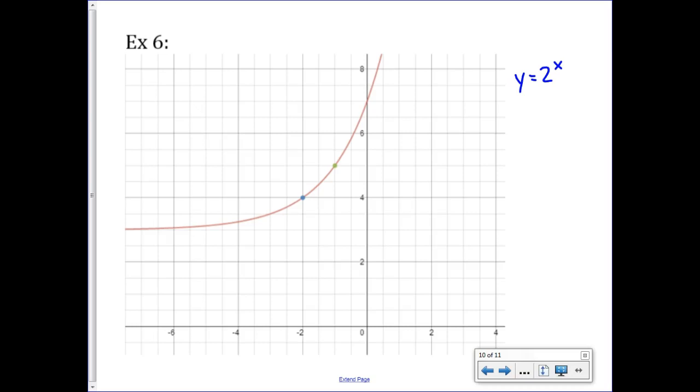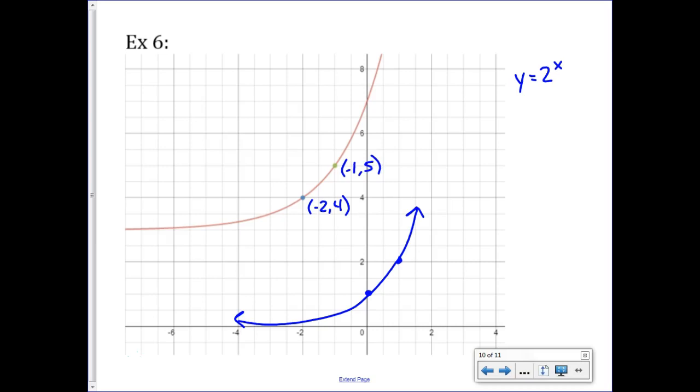Well, if I graph y equals 2 to the x, I know that I'm at 0, 1. And then I'm at 1, 2. So that's my parent function. So how have I moved from that parent function to this new function? And it looks like these points match up directly with the given points here of -2, 4 and -1, 5.